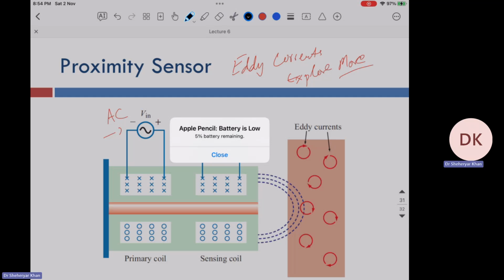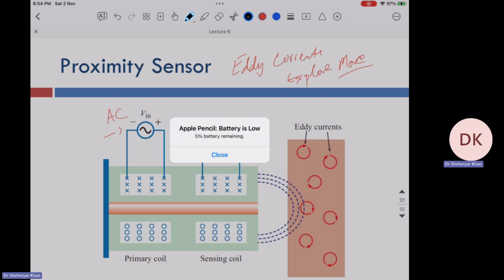Another blessing is the eddy current braking. Suppose we have a diamond, then we have a disc. If you increase the magnetic field, this is moving.